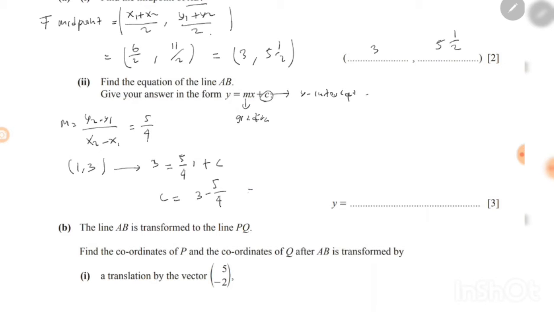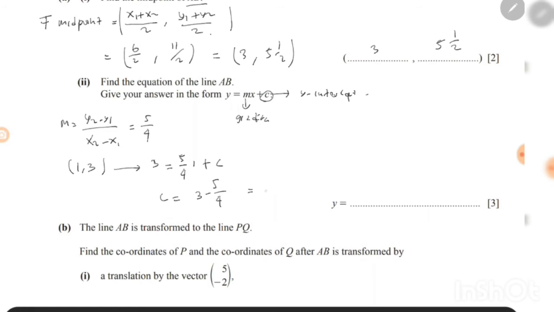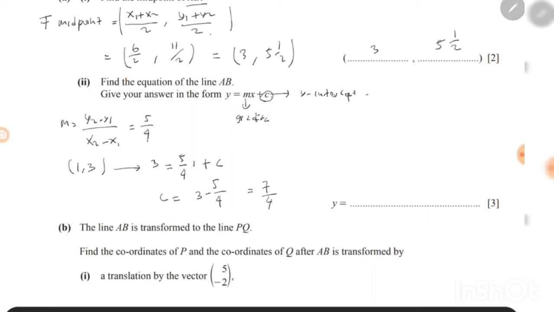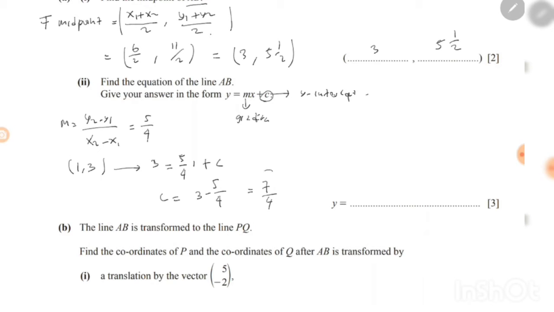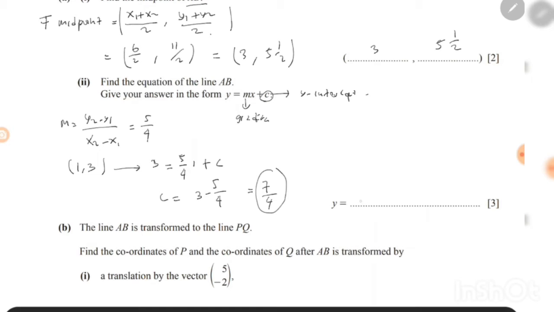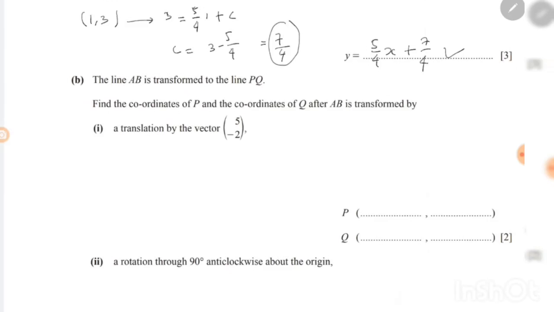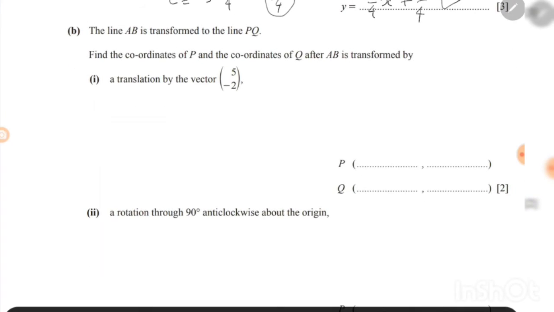So our c is 7 over 4. 12 minus 5 is 7, right? So when we already have c, you can write down mx plus c, so m is 5 over 4 x, and plus our c is 7 over 4. Boom.